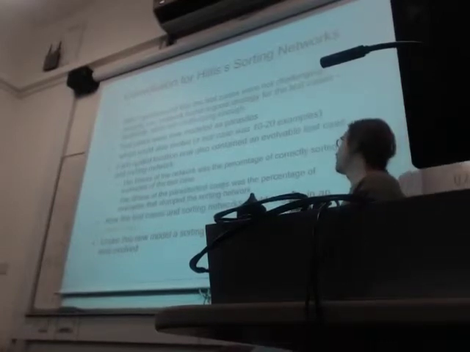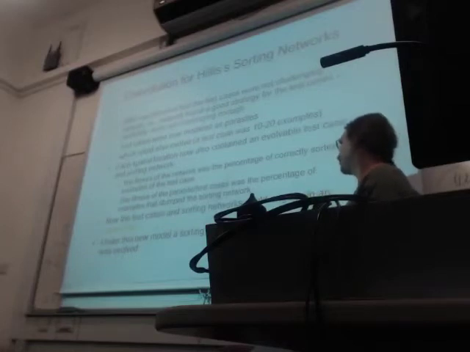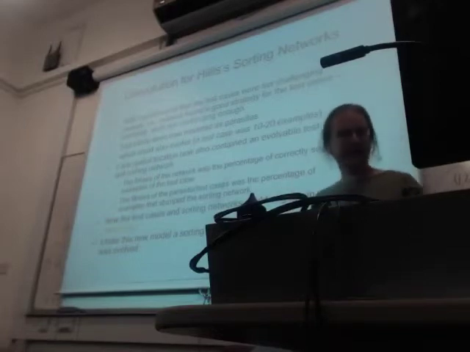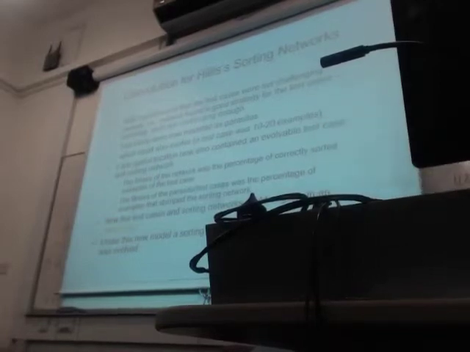Under this new model, it improved from, I think, 63 comparisons to 61 comparisons as a result of a number of runs. So Hillis found this advantage of predator-prey coevolution, which was quite influential.